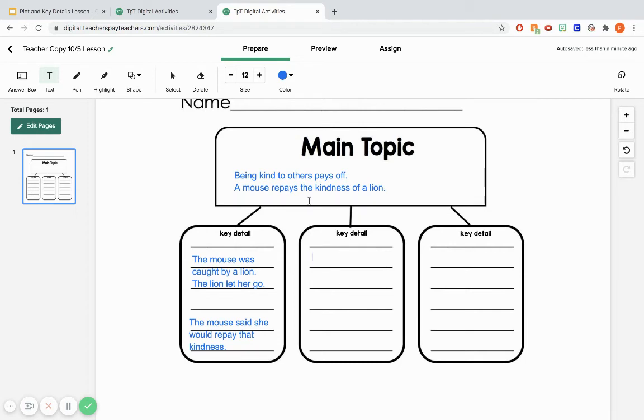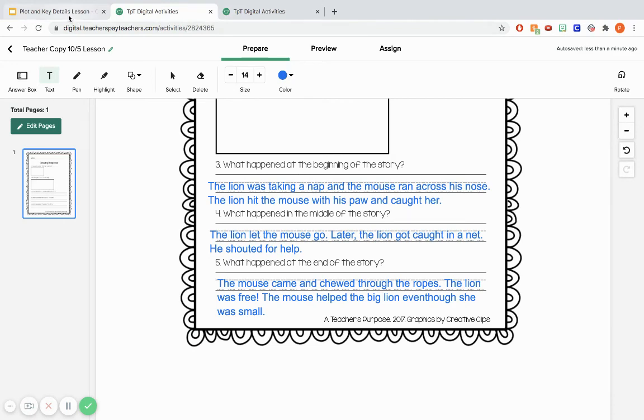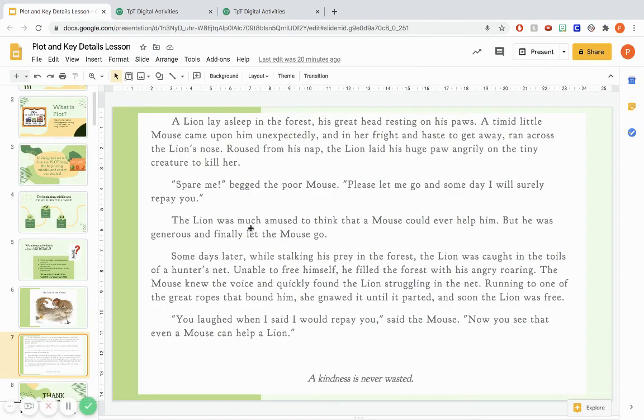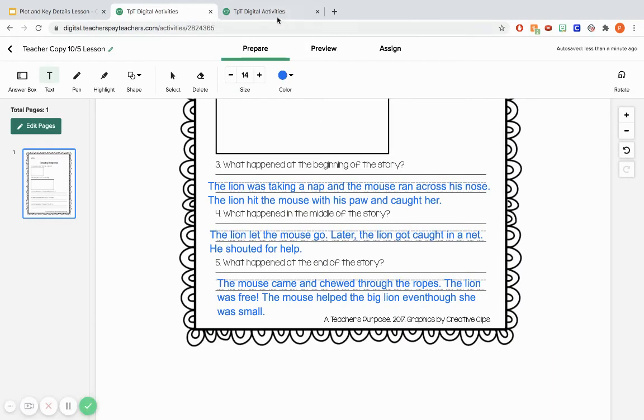Now I can think about, we could do this kind of like beginning, middle, and end. Just make sure you have in all the details that are important to the story and don't leave any out. So another detail is that the lion was caught in a net and needed help.